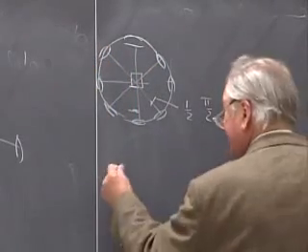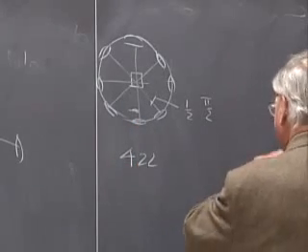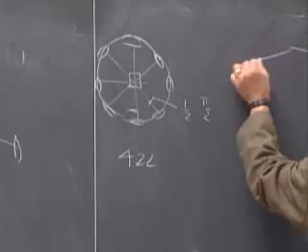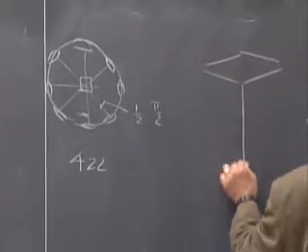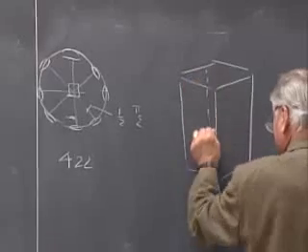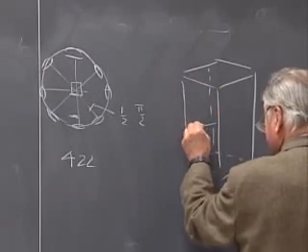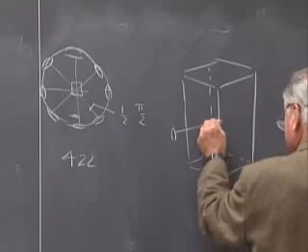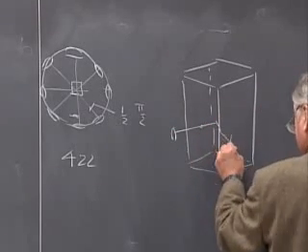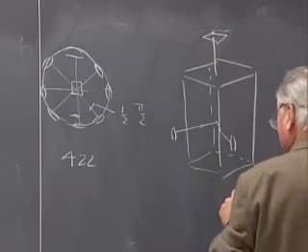And the symbol for this one would be a fourfold, and now there are two different kinds of twofold axes. And if we look at a regular square prism, we can again show that what we've been demonstrating for these other prisms is true. One twofold axis would come out of the face, the other twofold axis would come out of the midpoint of an edge, and the fourfold axis would come up here.